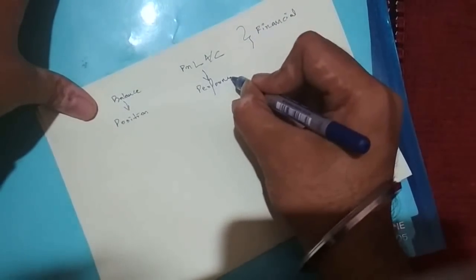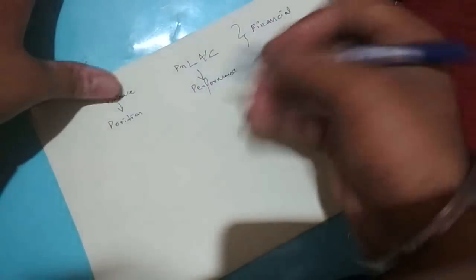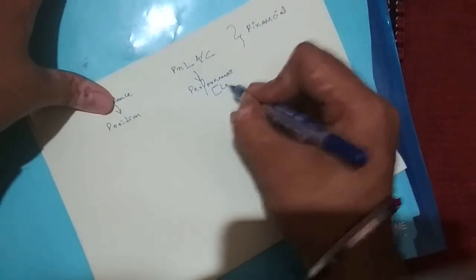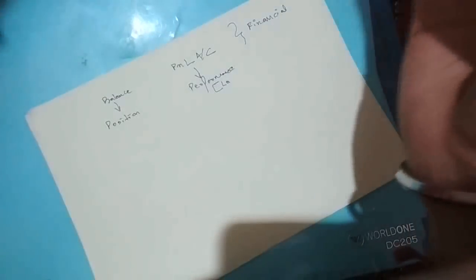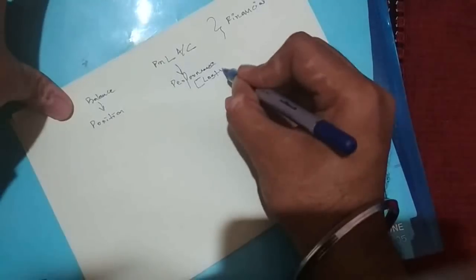So what does it mean? The performance of the last year. You can measure your performance by looking at the last year's result, and your performance is just the last year's result. But the position is how you have positioned yourself till now.